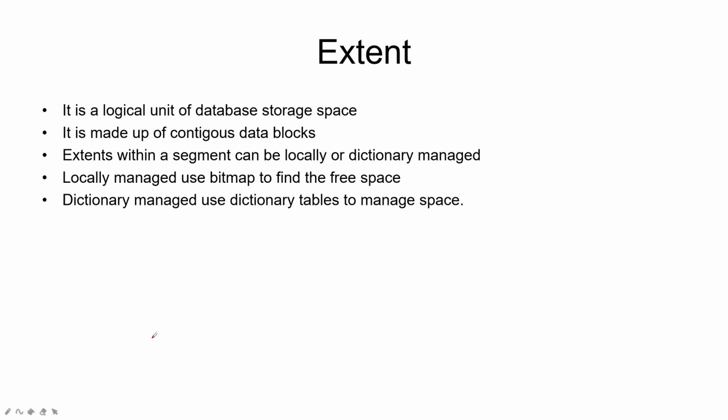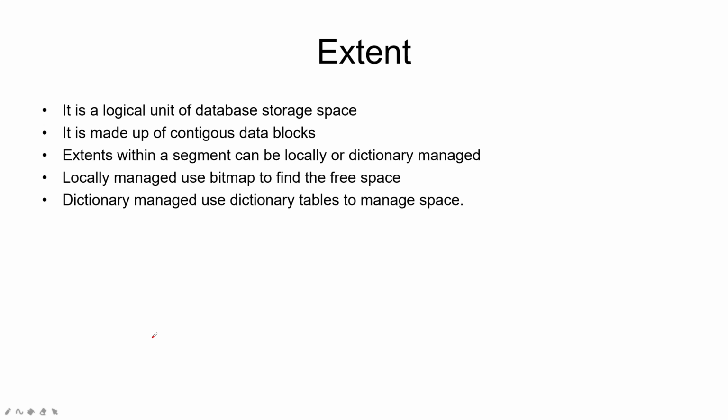So what is an extent? An extent is a logical unit of database storage, which is made up of contiguous data blocks, as I showed in the second slide initially in the diagram, where it is represented as a hierarchy. I mentioned that a particular extent is formed by one or more data blocks, right?